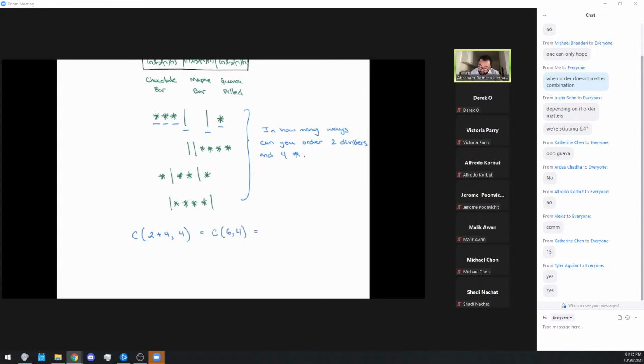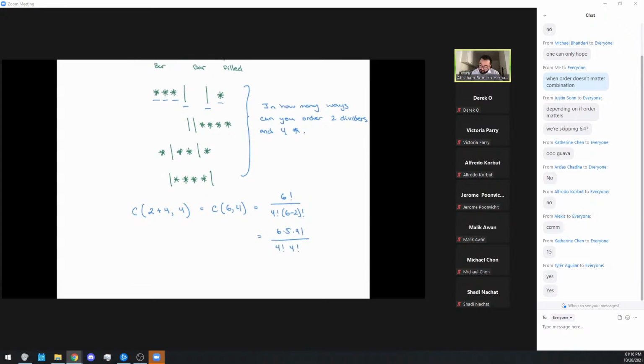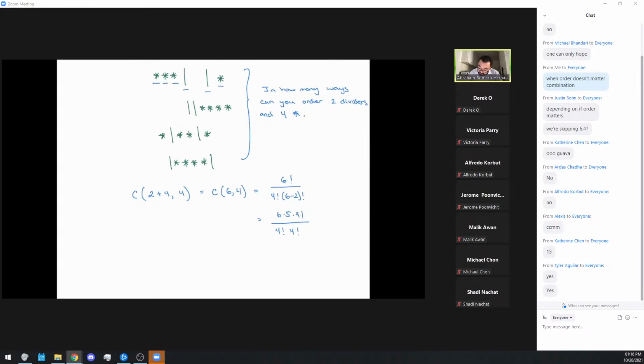comma 4, which if you do the math, this is 6 factorial over 4 factorial, and then 6 minus 4 factorial. That is 6 times 5 times 4 factorial over 4 factorial. Oops, not 6 minus 2, 6 minus 4. Sorry about that. So this is 2 factorial.